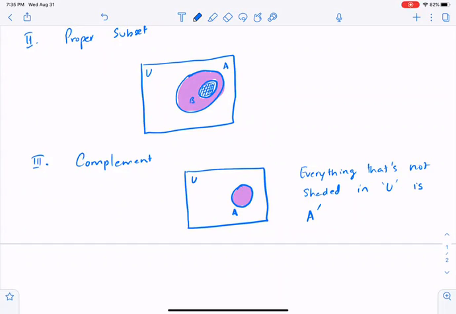Typically, people would put A and the tick as a superscript, or people might write it as A superscript C. Both of them are acceptable.